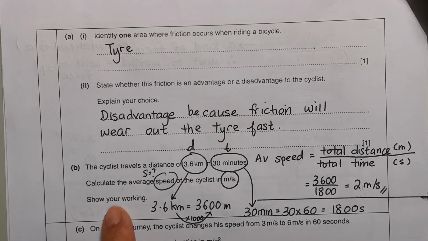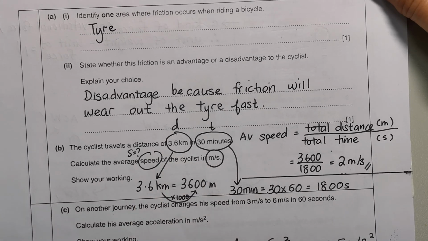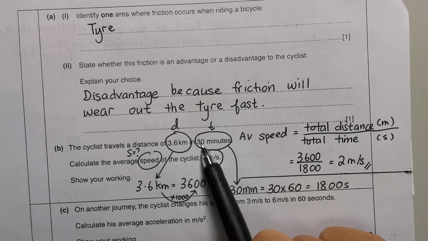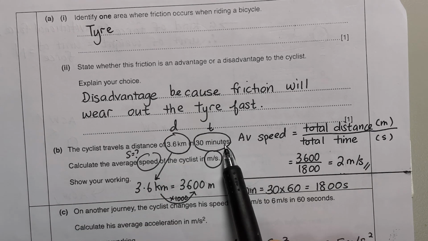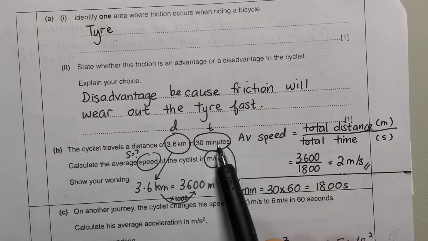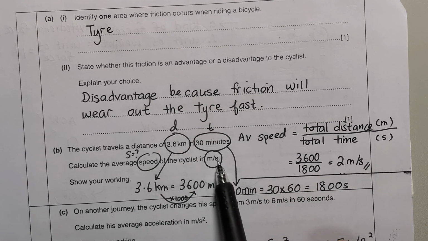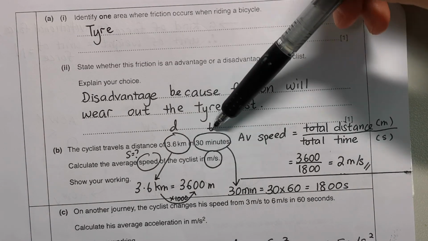And the next one, what is the average speed of the cyclist? Please do remember that you have to annotate. The distance is 3.6 kilometers, the time is in minutes, and they are asking you to calculate the speed in meters per second. So you find that the units are all not consistent.